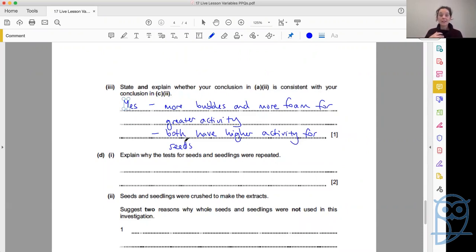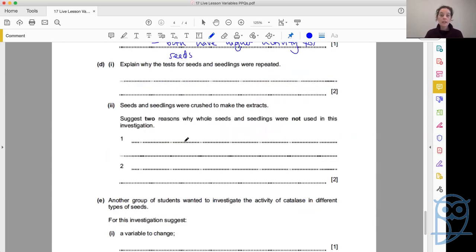So we've now established that when we do it with counting bubbles and when we do it with measuring foam, we get the same answers. The last part of this experiment question is all about the quality of this experiment and how we could take this further. We start off in D with: explain why the tests for seeds and seedlings were repeated.